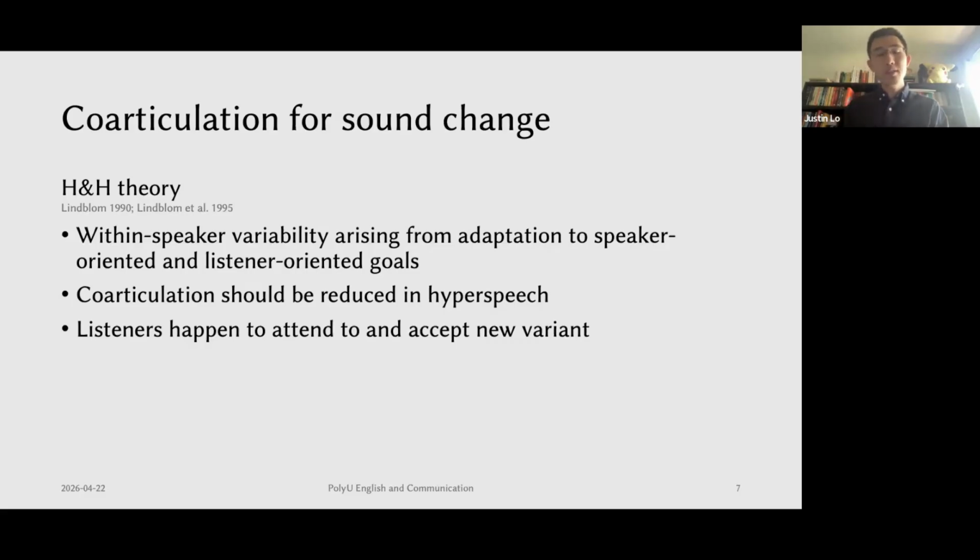And that helps the listener potentially to understand that this is the vowel that you're talking about, without having to think about all the additional variabilities that the surrounding context might have on the vowel itself. And so when a listener happens to attend to that particular cue and accept that particular variant of phonetic production, then that might help to give rise to that kind of sound change.